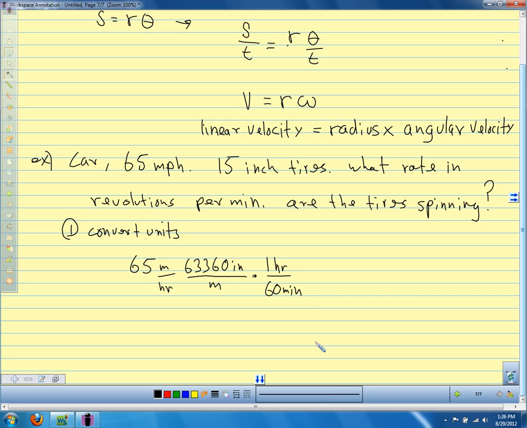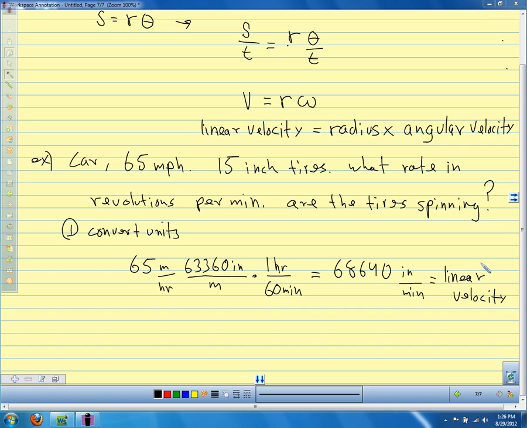So if I do this conversion, multiply 65 by 63360, divide by 60, I get 68640 inches per minute. So there's our linear velocity.